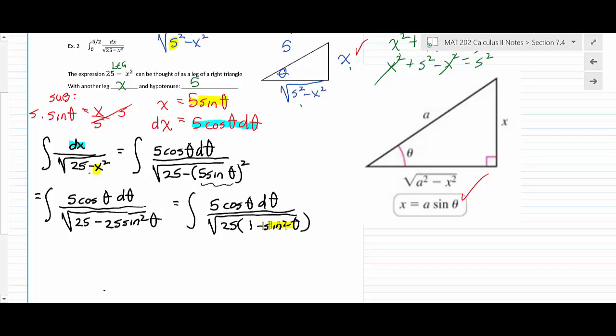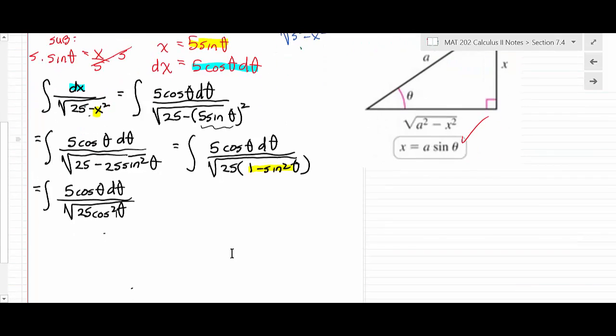So this thing right here we know is a cosine squared. All right, so I'll move it over here, and we're going to have now integral of 5 cosine theta d theta. And then that's going to be all over the square root of 25 cosine squared theta, like that.